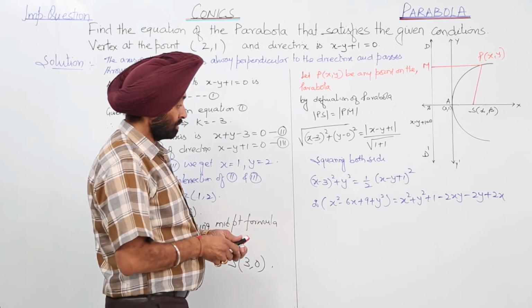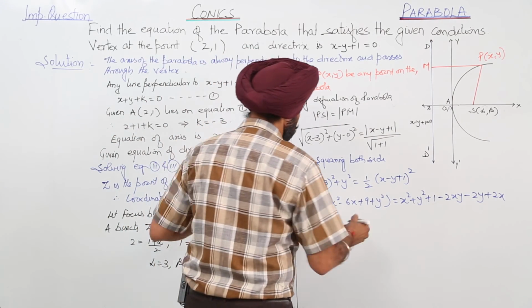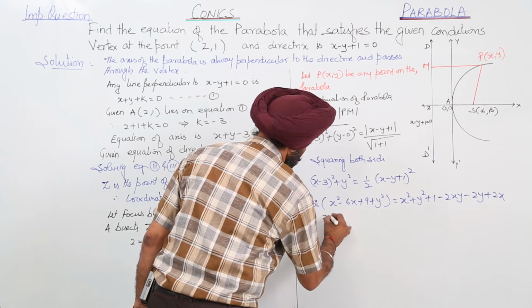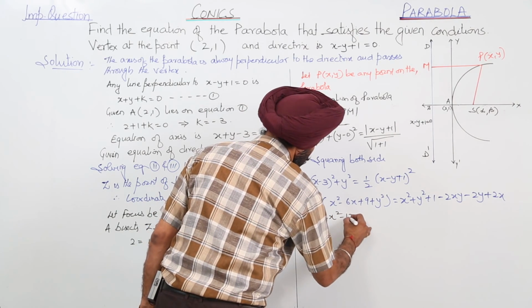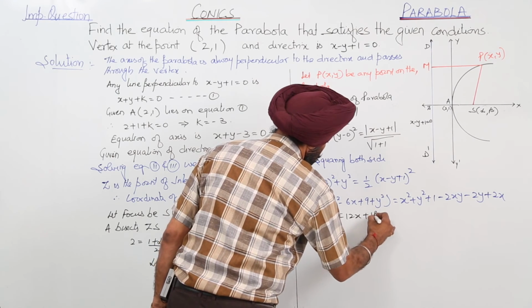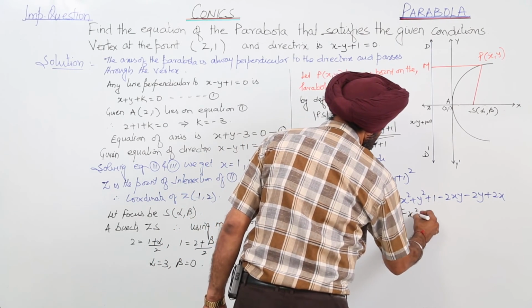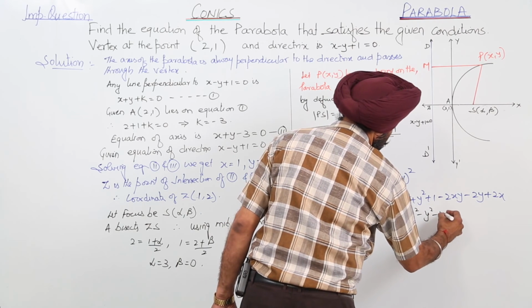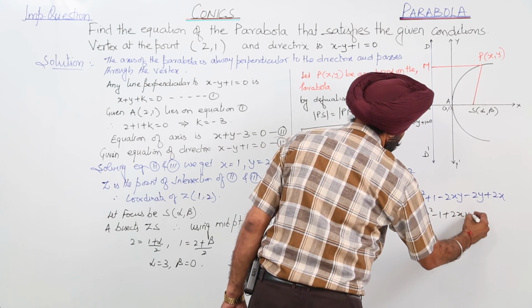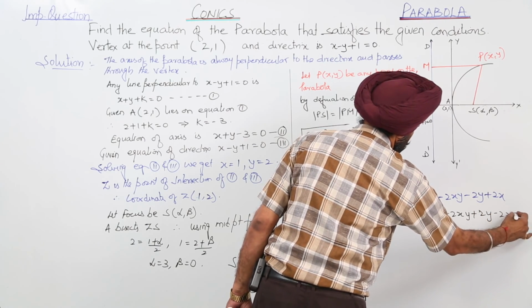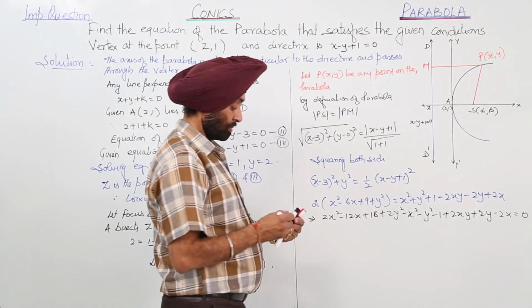So 2x square minus 12x plus 18 plus 2y square minus x square minus y square minus 1 plus 2xy plus 2y minus 2x is equal to 0.